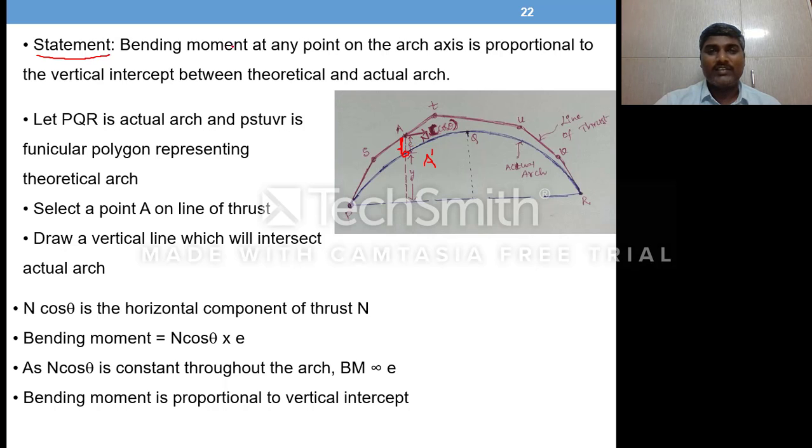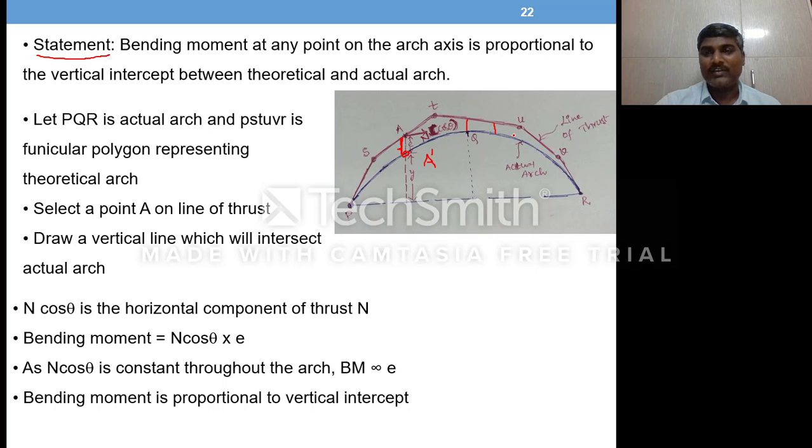So what does this statement mean? Bending moment at this point is proportional to the distance between these two arches, that means e. So bending moment is proportional to e. Similarly, if you pick this point, the bending moment will be proportional to this height, I mean the different vertical intercept.